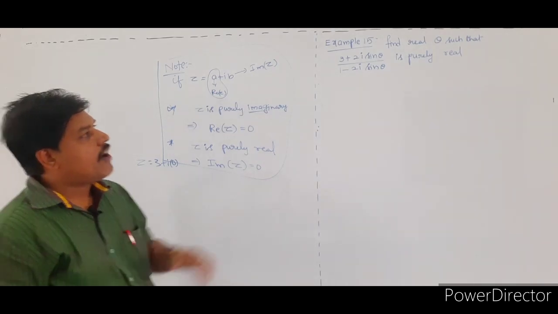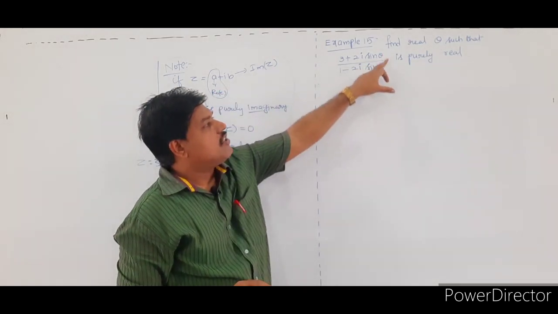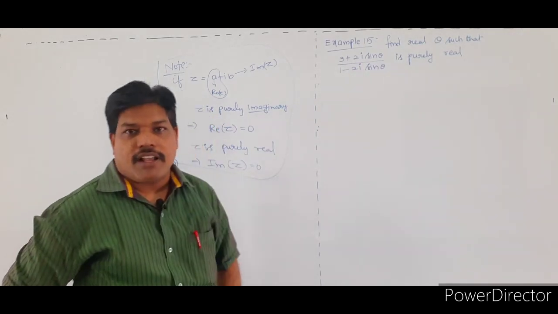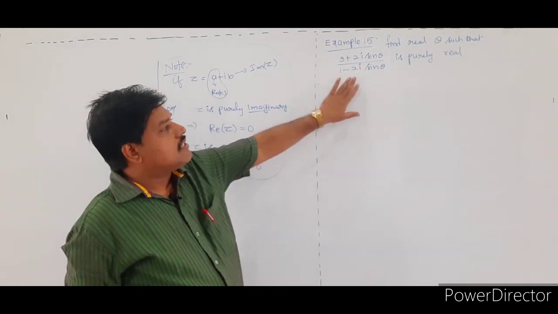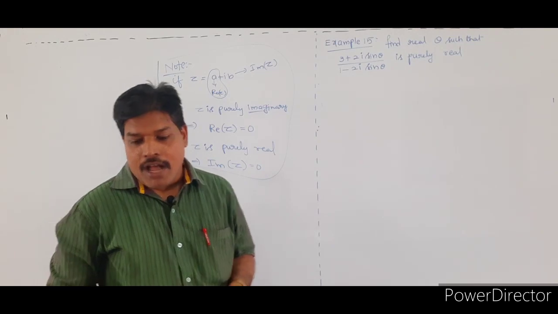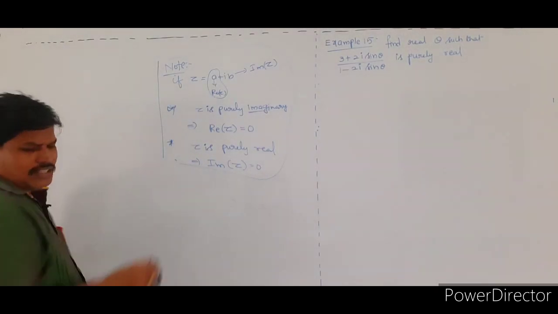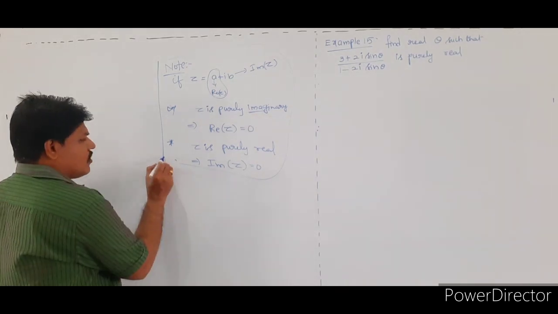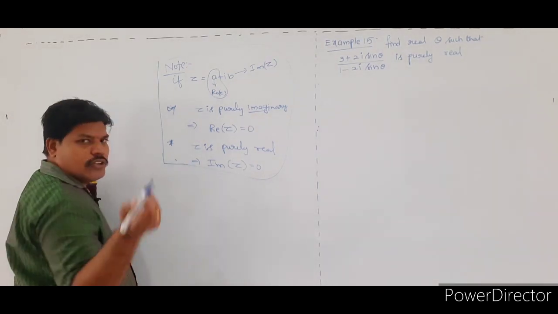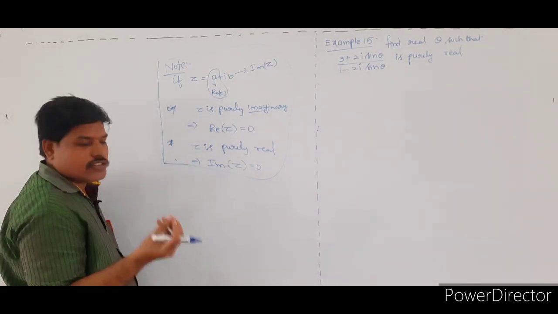So see the question, find the real theta. The theta value they are asking, you have to calculate. So if this complex number is purely real. And also one more important condition in trigonometry, so I will give you that. You don't know the trigonometry yet, but I will give you some values.